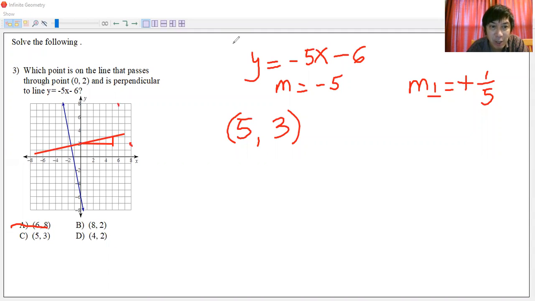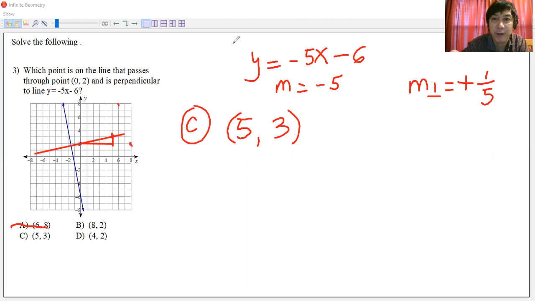5, 3 is exactly on the red line, okay? 5, 3. You can locate that over here. There. That's where the 5, 3 is. So letter C is the answer. And 4, 2 is not on the line, okay? Where is 4, 2?